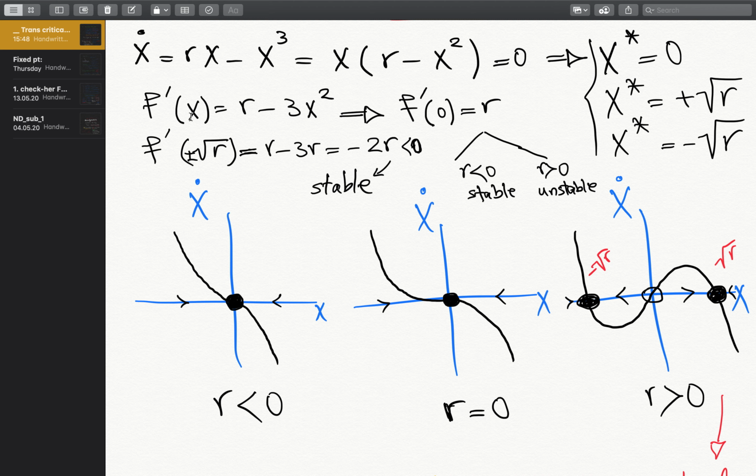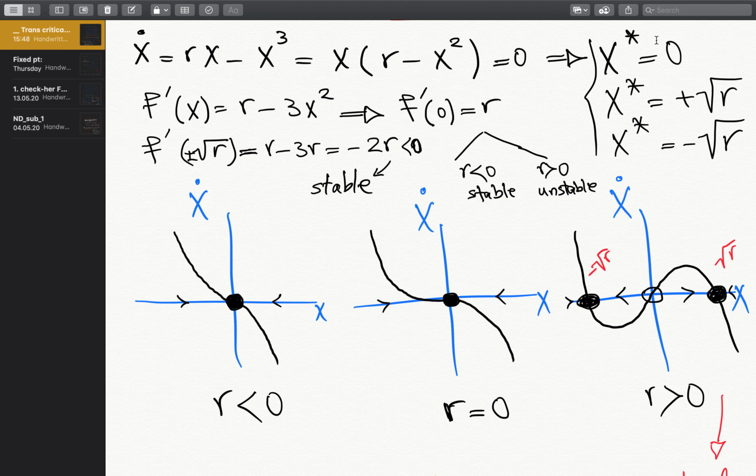So f prime is equal to the first derivative of this x dot with respect to x. So the first term, rx, will give r, and minus x cubed gives minus 3x squared.